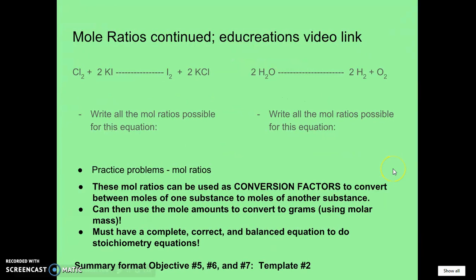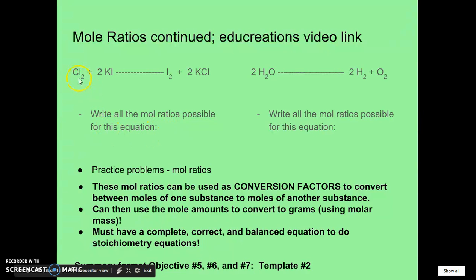But in order to do that, I have to know how to write a mole ratio. So I'm going to show you just briefly here how to write a mole ratio. This is the last slide for this objective. I don't have an EduCreations video link, but I can show you in class how to write a mole ratio. A mole ratio, just like any other ratio, is a comparison between 2 things in a chemical reaction.